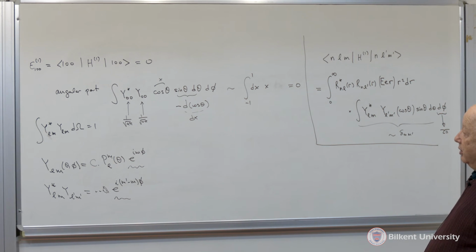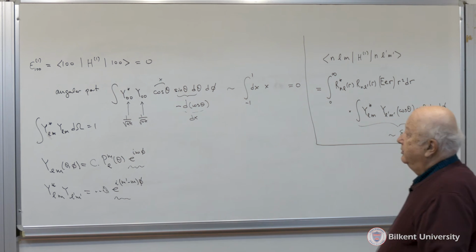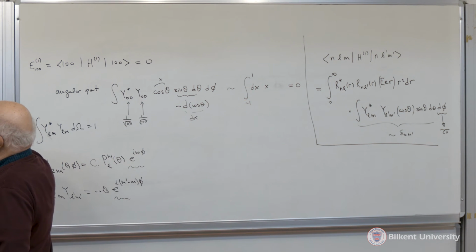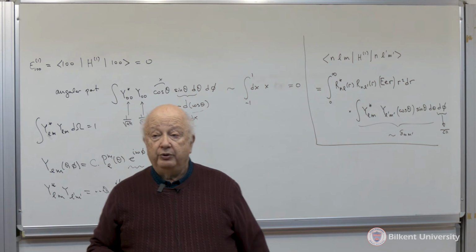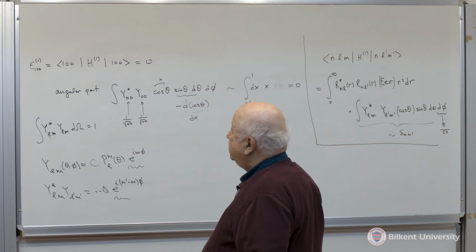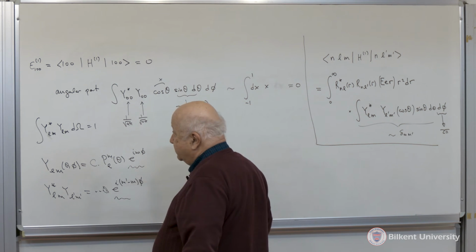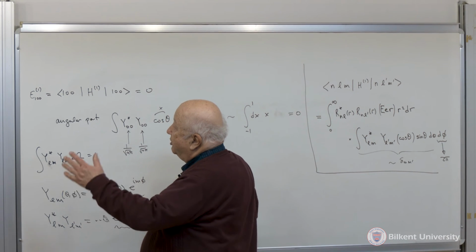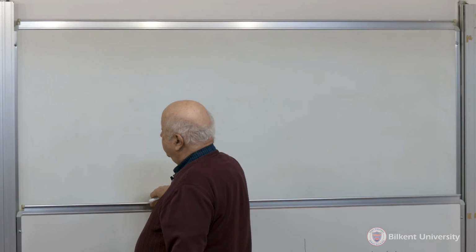Okay, so we are now on our way. Let's look at this stuff over here. So this is now a degenerate set of states. In order to find out what the first order shift in the energy is, we have to construct this matrix, which is going to contain all these other terms.